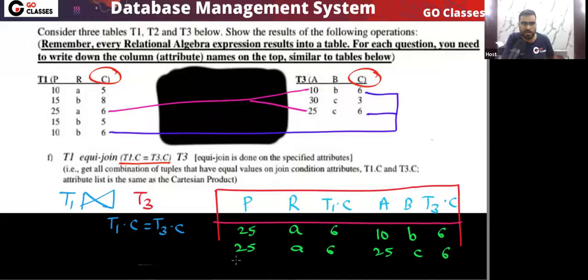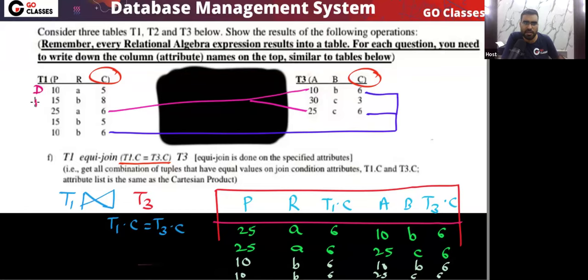For example, another tuple will be 10B6, 10B6, here 10B6, 25C6. So very simple. Is this clear to everyone? And how many dangling tuples? This is dangling, dangling. Let me write it here.